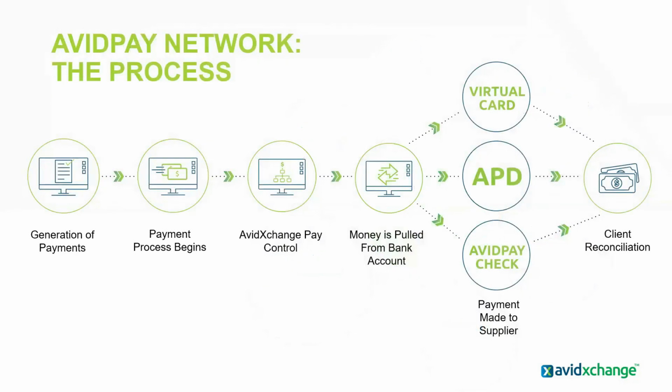As far as the AvidPay network and how the process works, if you remember that workflow and the 3 steps we help drive towards, the selection process is the payment process. So you're generating the payment. And as that payment process begins, you're simply submitting a payment file to AvidXchange. We pull the money from the account, so itemized deductions from your account in the amount of the payments that you've selected to be paid.